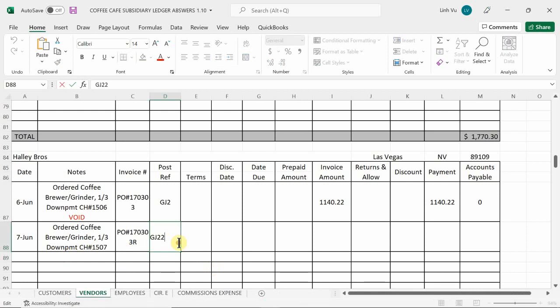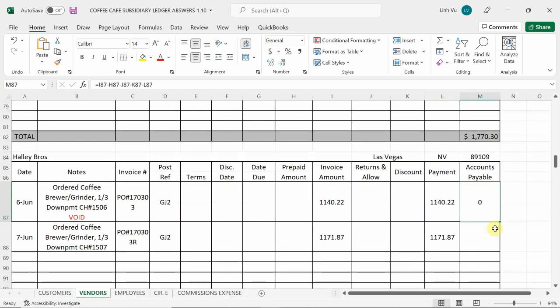Okay, and of course, we're still on General Journal number 2 here. We haven't received the bill yet. But in this case, on my purchase order, it was $1,171.87. And of course, we paid for it. So therefore, I owe Haley Brothers nothing. Still haven't applied the prepayment yet because, again, in this case, we wrote the wrong check.